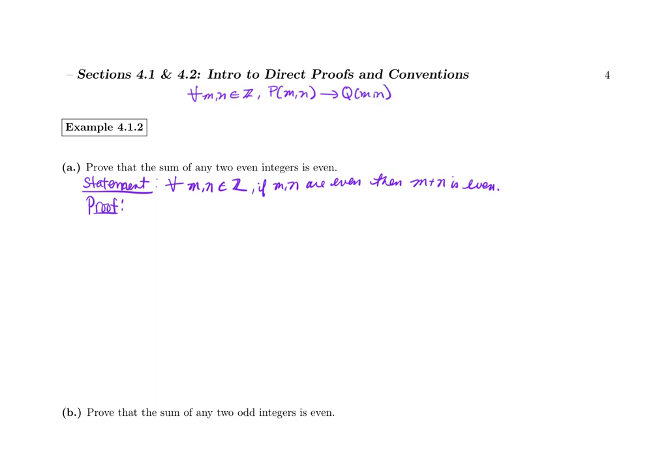We would then suppose that p of mn is true for some particular but arbitrarily chosen values of m and n that are integers. So we would assume p of mn is true, and we would show that, therefore, it compels q of mn to be true.